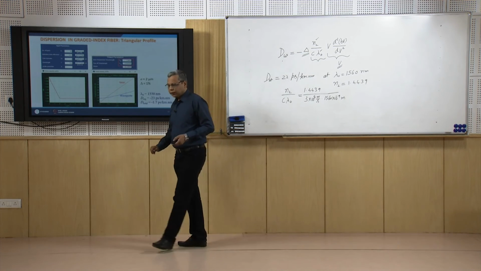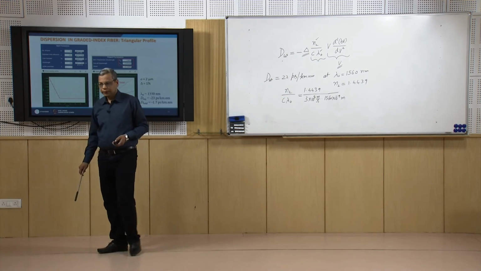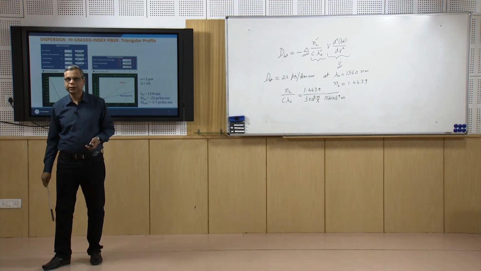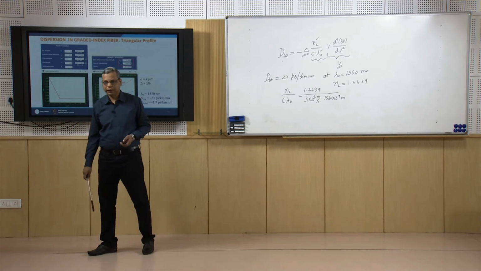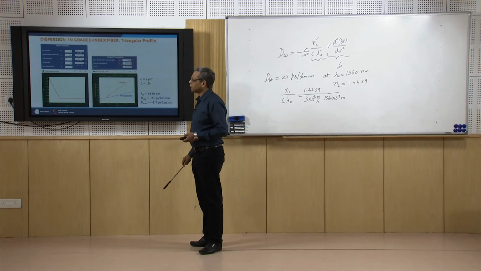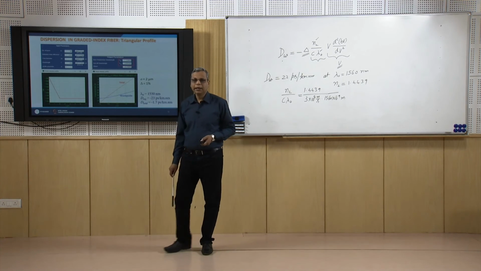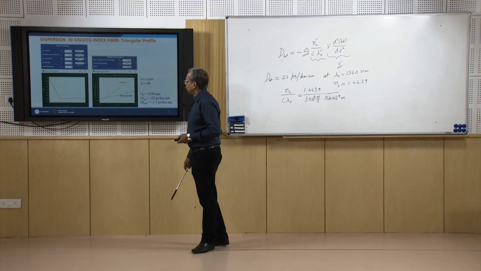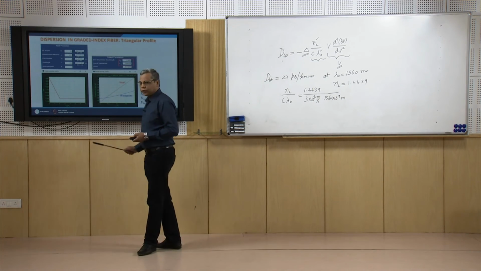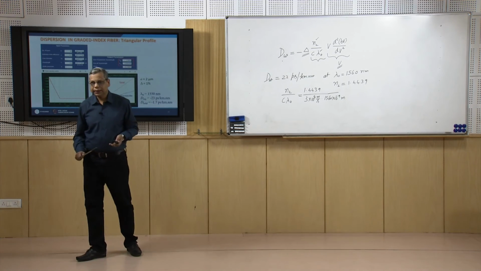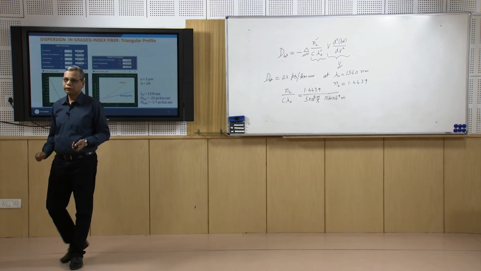So, till now we had considered step index optical fiber and waveguide dispersion in step index optical fiber. We can also work out this waveguide dispersion in graded index optical fiber. In graded index optical fiber, the only thing is that you need to calculate the effective index as a function of wavelength.